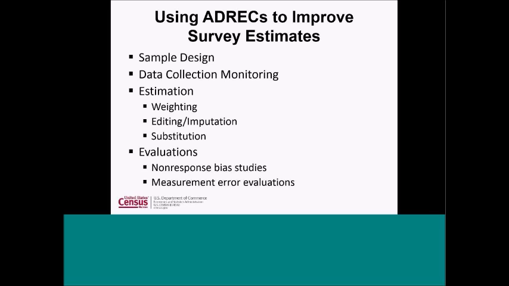And then you'll see it a lot in evaluations that are done, specifically non-response bias studies, which are, if anybody knows about OMB packages and your response rates dropping, we're all doing non-response bias studies, and then other measurement error evaluations typically used.